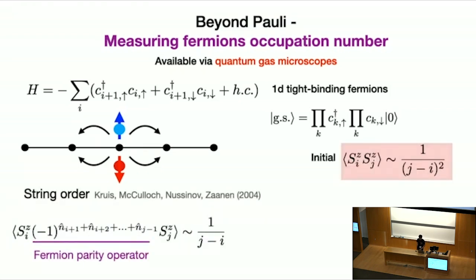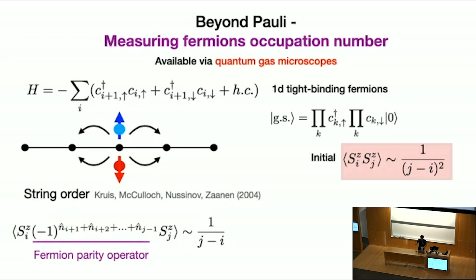However, if you consider the spin-spin correlation function for this critical fermion system, it has a 1/r squared decay. It is critical. These people know already. On the other hand, there's also a hidden string order parameter for the critical fermions. That is, in addition to considering the spins here and there, you consider the product of the fermion parity in between.